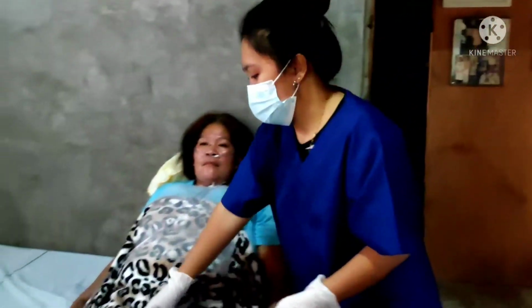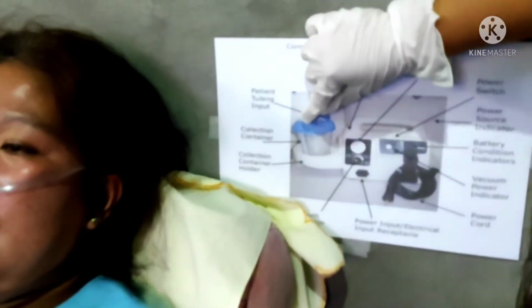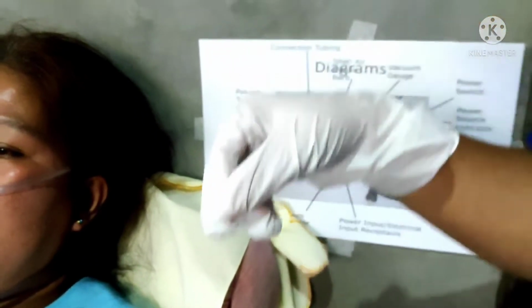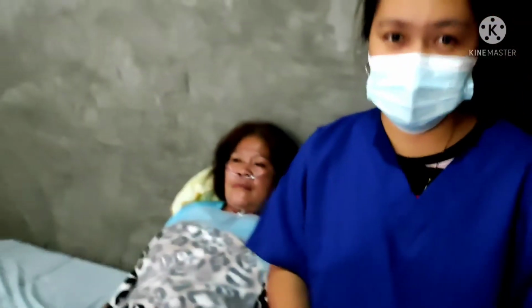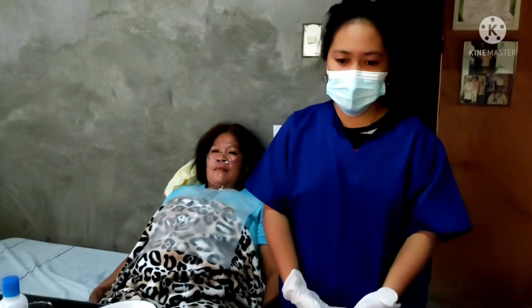And the tubing. So let's assume that we put the connecting tubing here. Then connect the other end of the tubing to the Yankauer catheter.